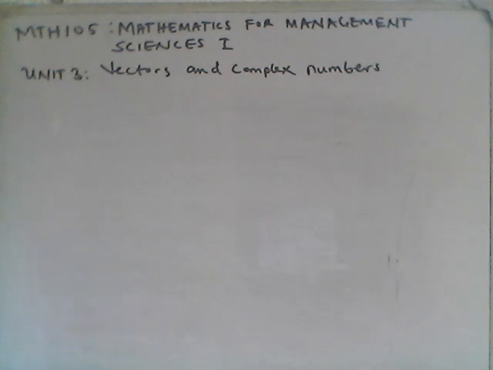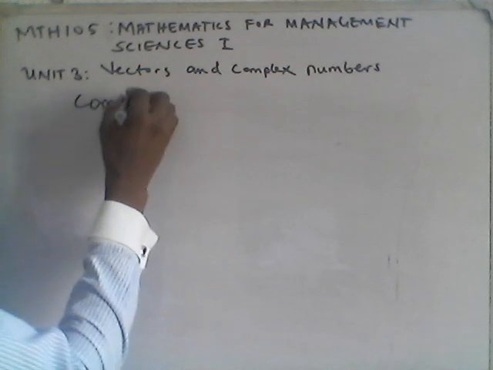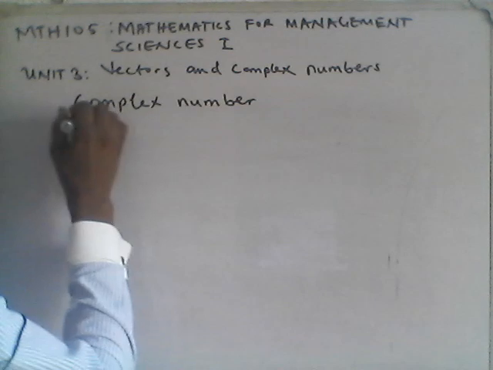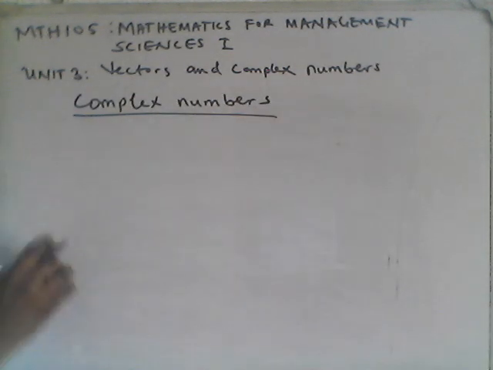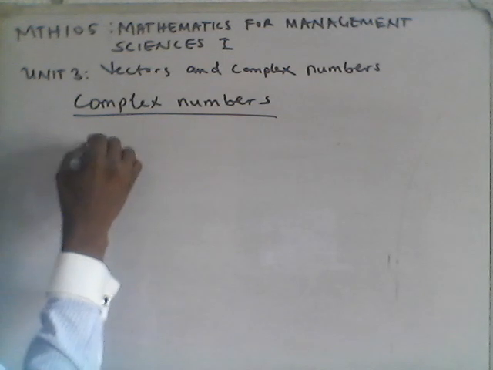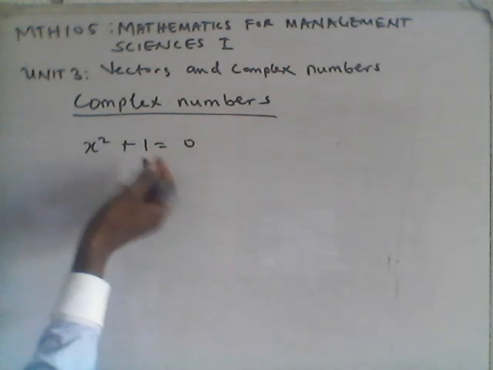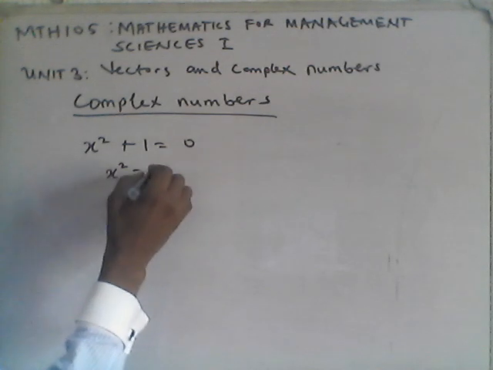Okay, so the next one we're looking at is complex numbers. Complex numbers come from the fact that there are some numbers we cannot resolve fully. If, for instance, we have x squared plus 1 is equal to 0, to find x, x squared is now equal to minus 1.